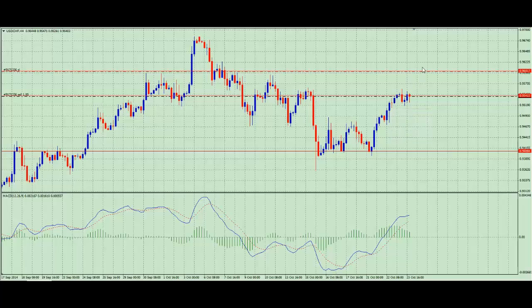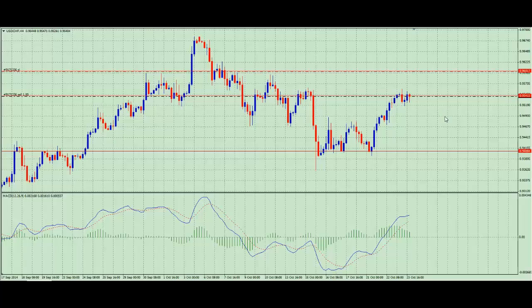Obviously if it breaks above this level and pushes higher all the way up to this previous high, I'm going to be out at this point. So I've allowed myself this level of risk, and that's caused me to apportion my trade size accordingly.